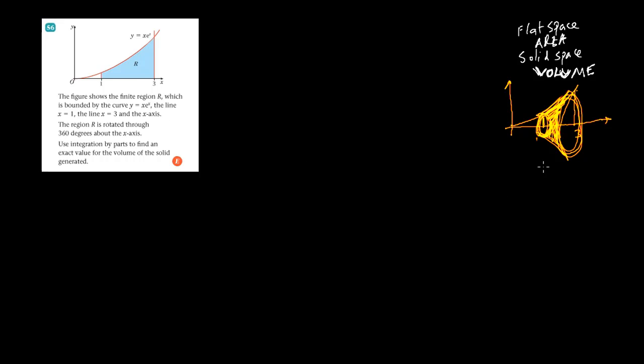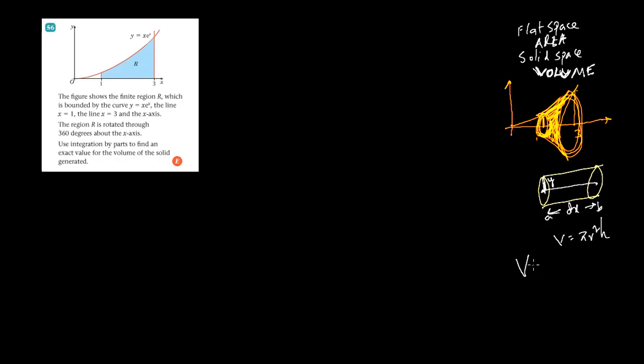The rule for finding the volume: think of this like a cylinder. Whenever you rotate something, it's like a cylinder, and this is the x-axis of the cylinder from limit A to limit B, and this is called dx, and the radius of the cylinder is y. So the volume of the cylinder is pi r squared h.